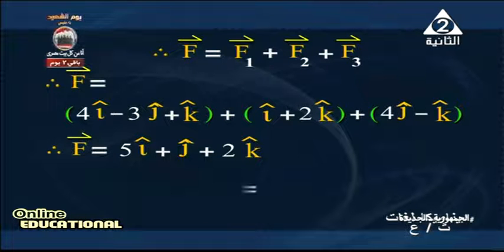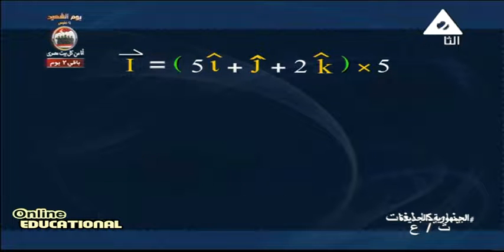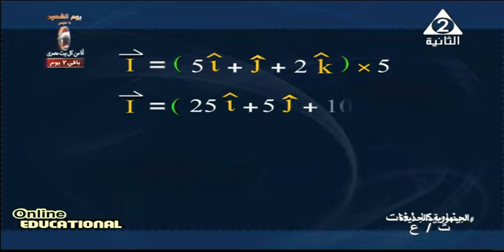Now, vector I equals vector F multiplied by t. Then vector I equals 5i plus j plus 2k multiplied by the time 5. Then I equals 25i plus 5j plus 10k. Now we have I as a vector.